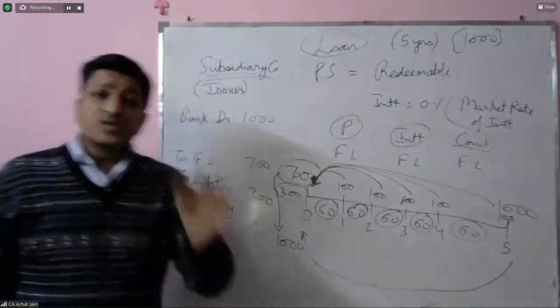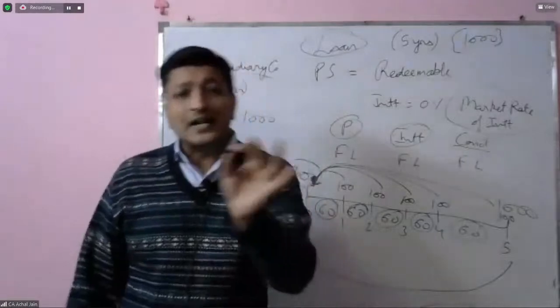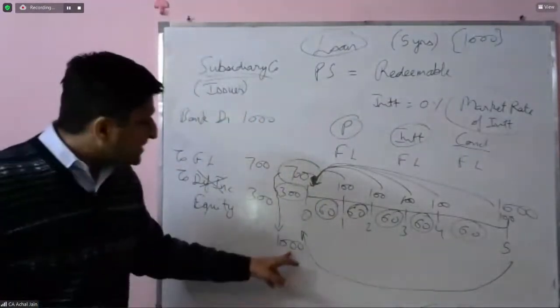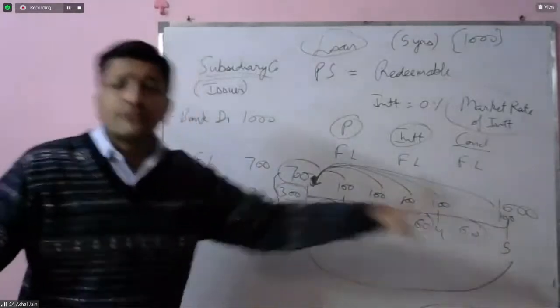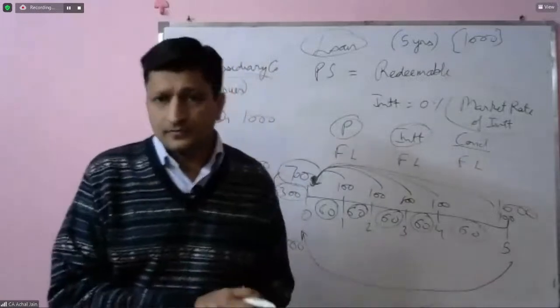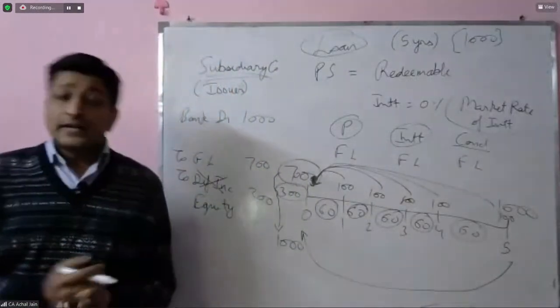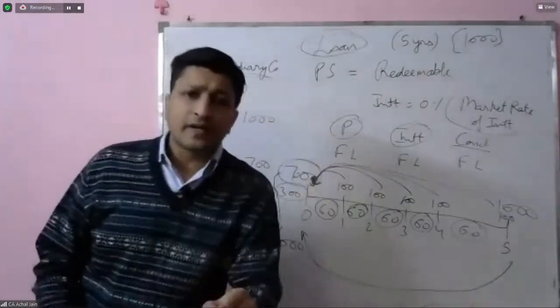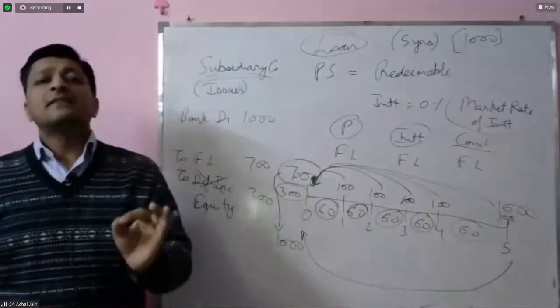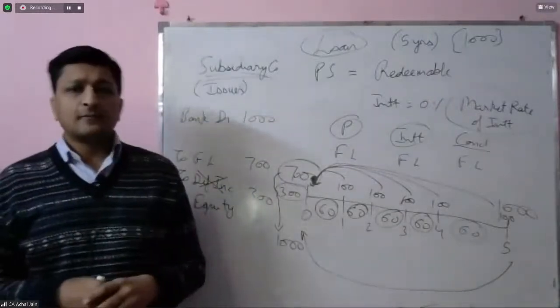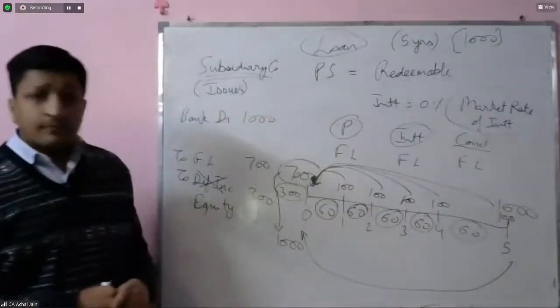So whenever an instrument has market rates of interest, its present value will always match with the future value. And that's the logic which we discussed in the last session also. Only because the transaction is happening below market rate of interest, there will be a difference between the future value and the present value. Correct?